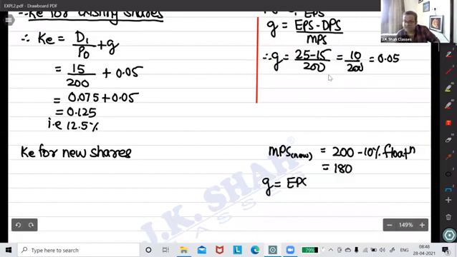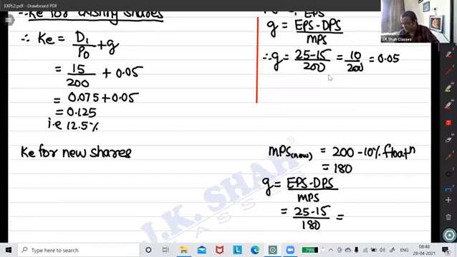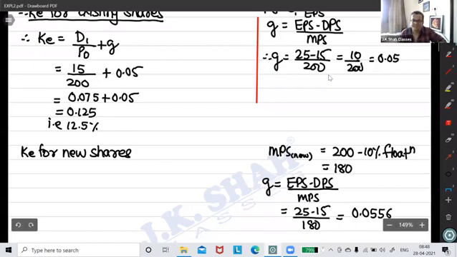So it is EPS minus DPS upon MPS. EPS and DPS remain the same. 25 minus 15, whatever, divided by 180 is 0.0556. Fine, now we just have to take 0.0556.